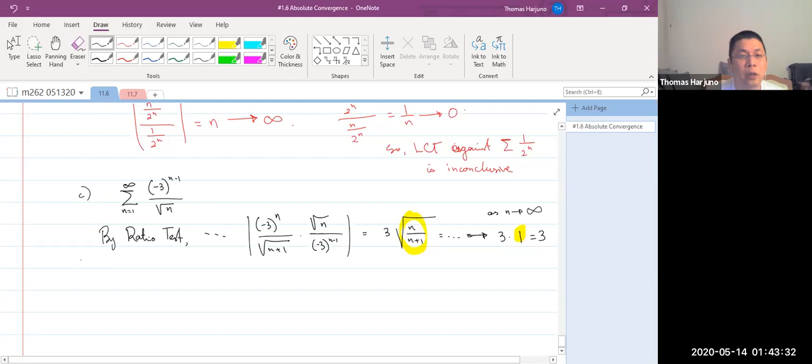Okay, and then part D, about the series square root of n over 1 plus n squared. This is convergent, don't you think so?